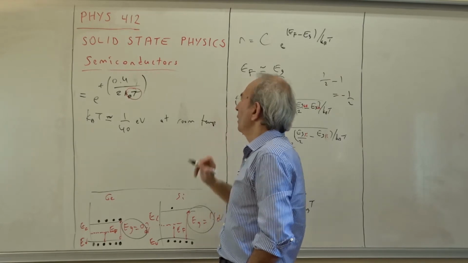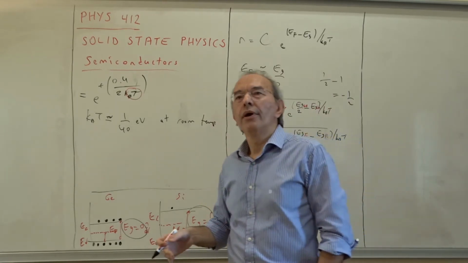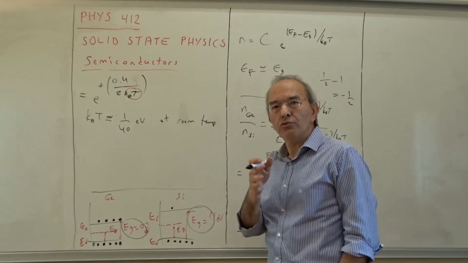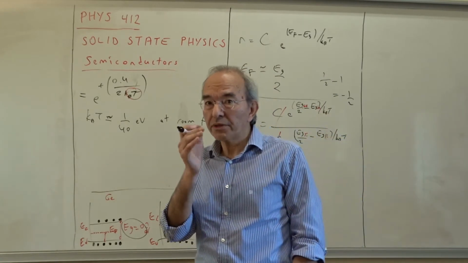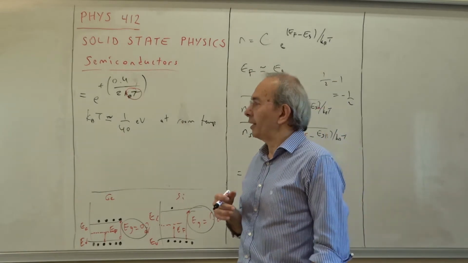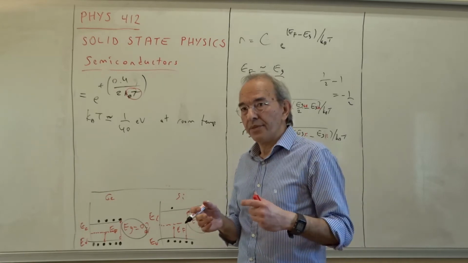Whenever we hear room temperature, it corresponds to 300 kelvins, roughly 27 degrees centigrade, but we don't take the centigrade, remember, it is 300 kelvins.